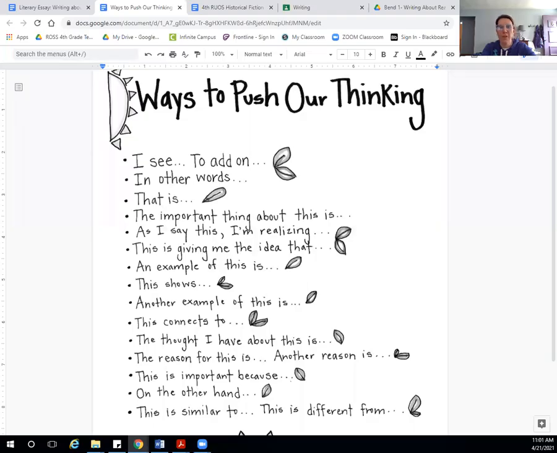So, readers, even though that was kind of a silly reenactment of what a book conversation could sound like, I want you to remember that when you are having your conversations with partners about books that you're reading, or even when you're starting to write your literary essay, it is important to extend your thinking and elaborate using these prompts.